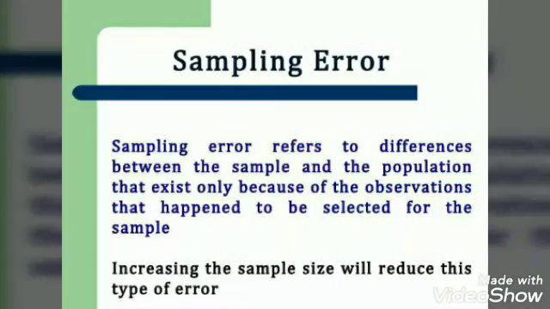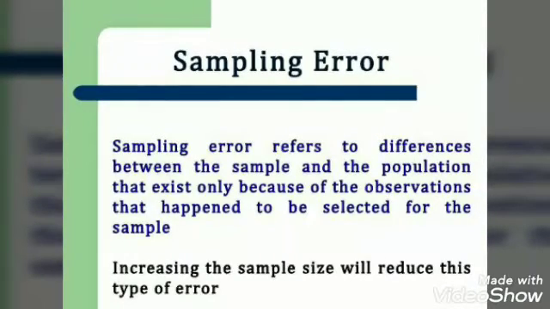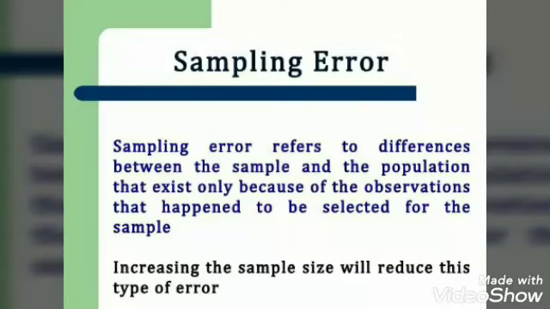To begin with the first one, that is sampling error. Children, sampling error refers to the difference between the sample and the population that exists because of the observations that happened to be selected for the sample.